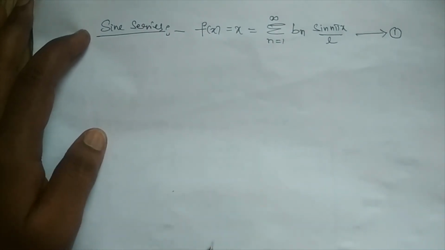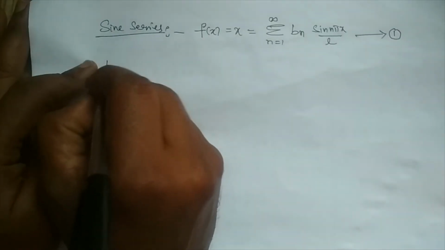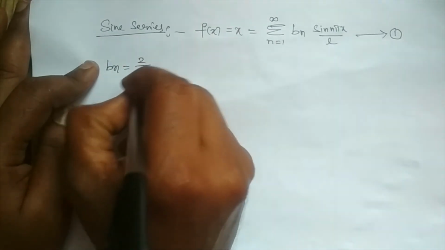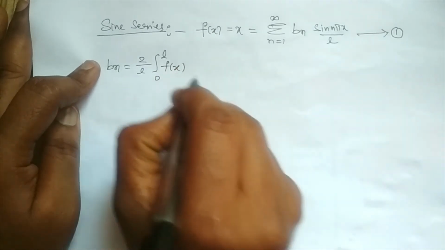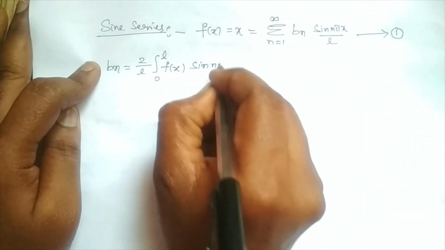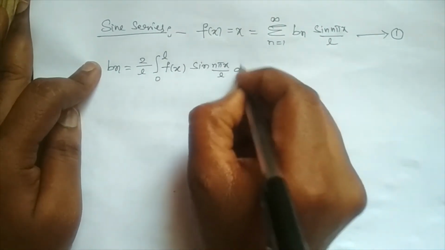Where b_n we are going to find: b_n is 2 by L integral 0 to L f of x sin n pi x by L dx.